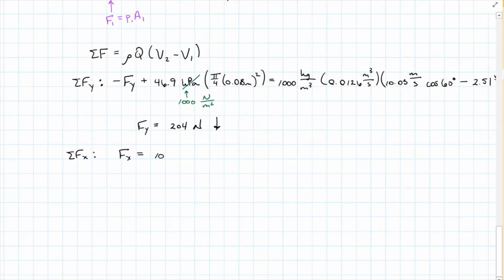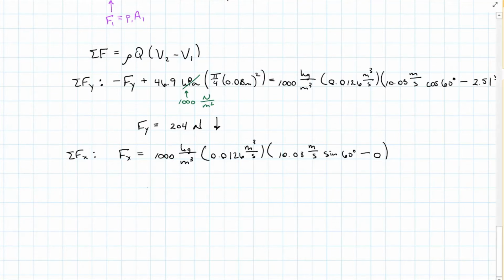Rho, 1,000 kilograms per meter cubed, times the flow rate, meters cubed per second, times the velocity outgoing, 10.03 meters per second sine of 60 degrees, minus the incoming velocity, which is acting purely in the y direction, so that velocity component is 0.